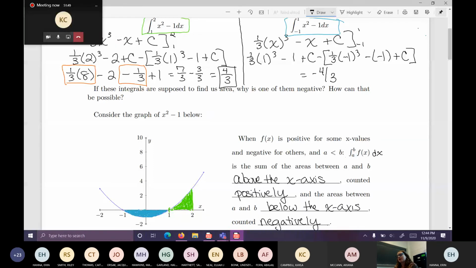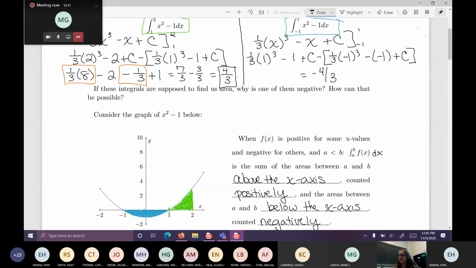I'll hold on for a second in case y'all are catching up to that. Now, before we get too much further, I do want to clarify that if you're asked to do these integrals in general, you just calculate the integral like we were just doing in 6.3.